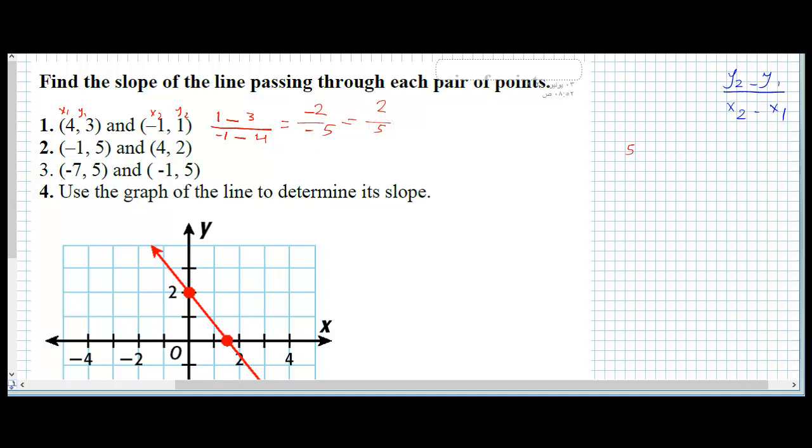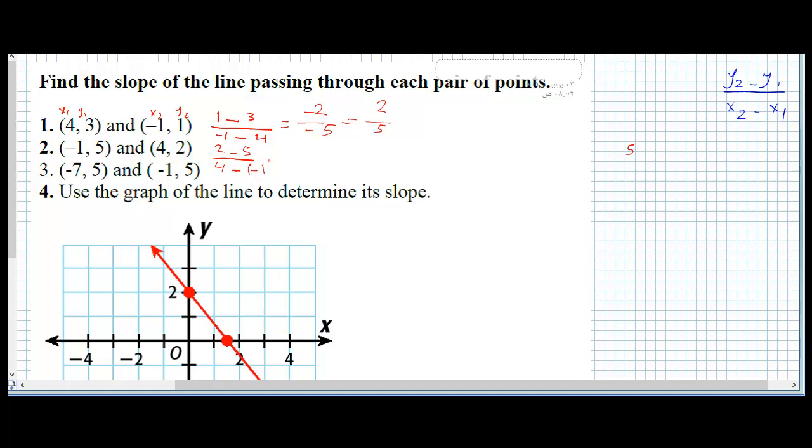Let's go next. We will do the same here. -1 will be x1, 5 is y1, 4 is x2, 2 is y2. Let's put our formula. So it will be y2, which is 2, minus y1, which is 5, over x2, which is 4, minus x1, which is -1.